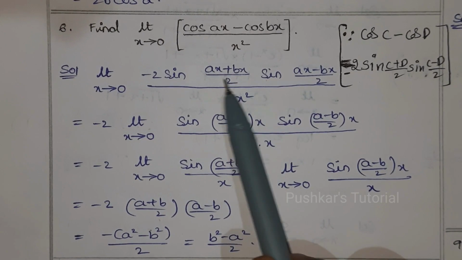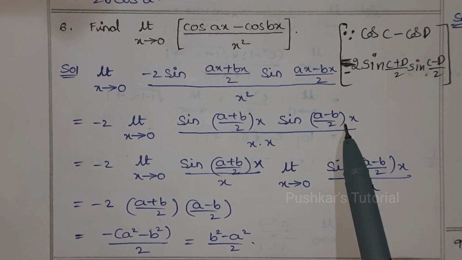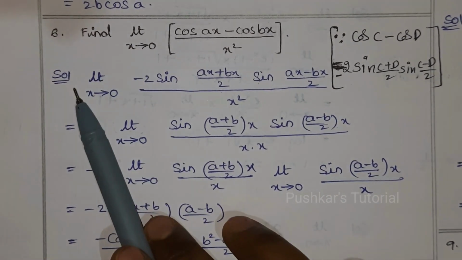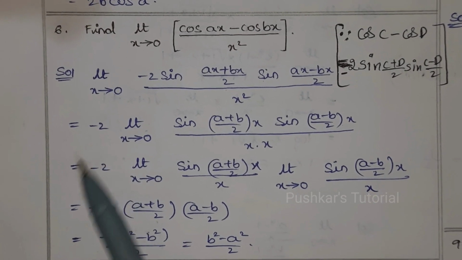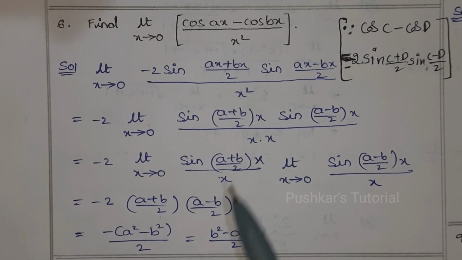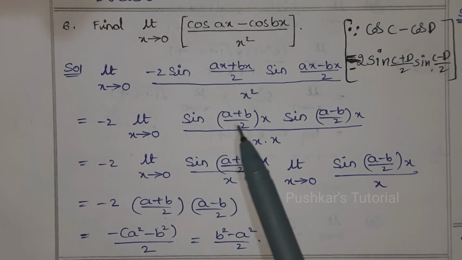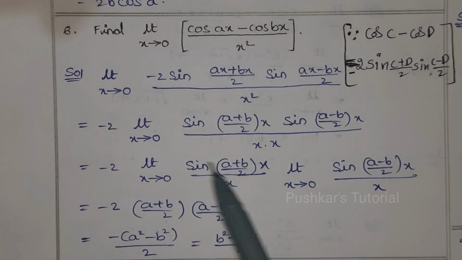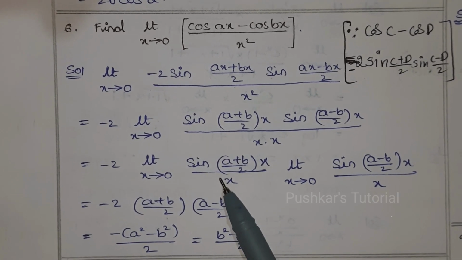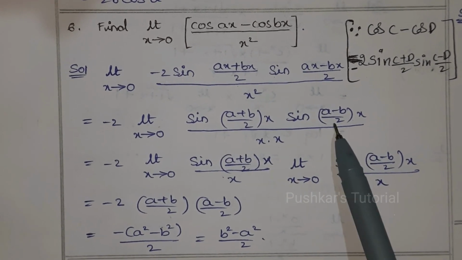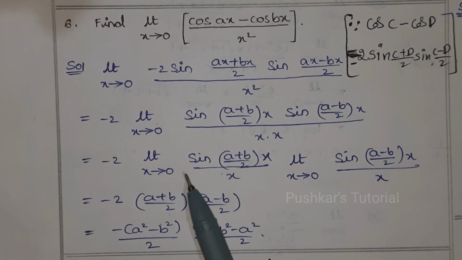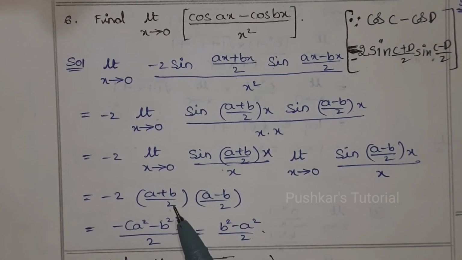So taking x common, and 2 is constant, I am writing in front of the limit, minus 2. Again here, x square I am writing as x into x, looking like sin nx by x. So I am writing one x to the numerator for this, one x to the other numerator. So it is looking like sin nx by x, the answer is n.